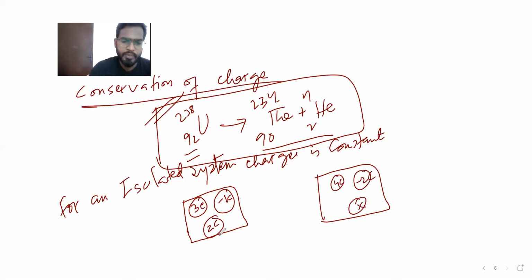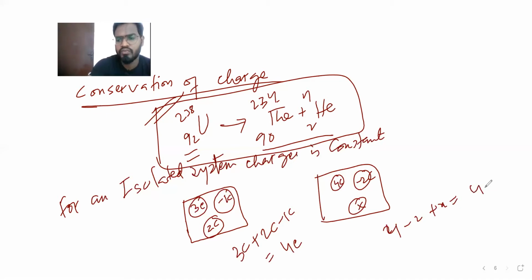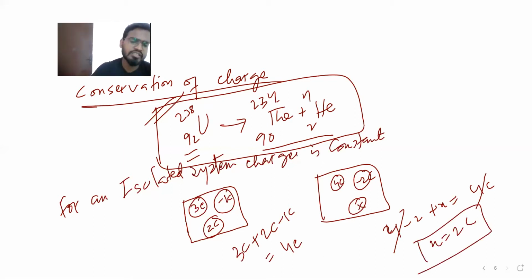What is x here? 5 minus 1 is 3 coulomb, 2 coulomb minus 1 coulomb is 1, so the total is 4 coulomb. On the other side, 4 minus 2 plus x is equal to 4 coulomb. The 4 cancels out, so x is equal to 2 coulomb of charge. So charges are conservative in nature.